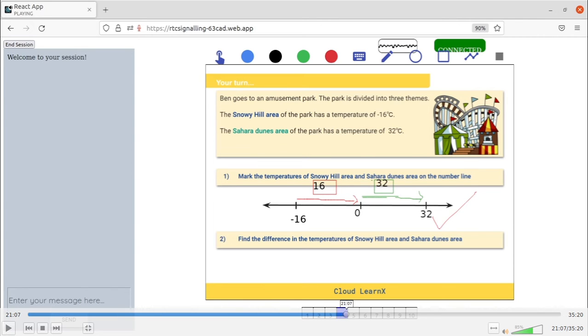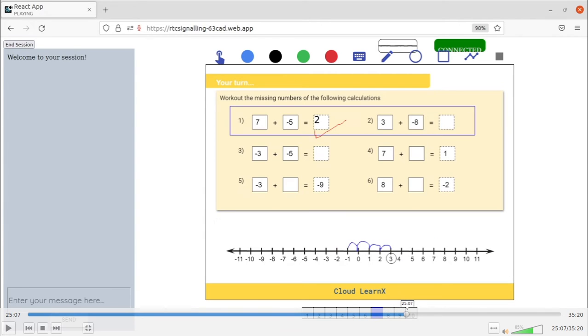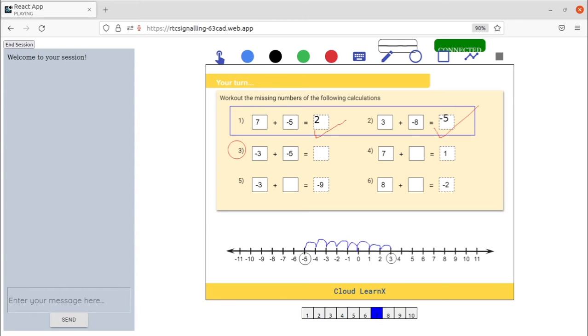Let's go to number 25. Starting number is -3.